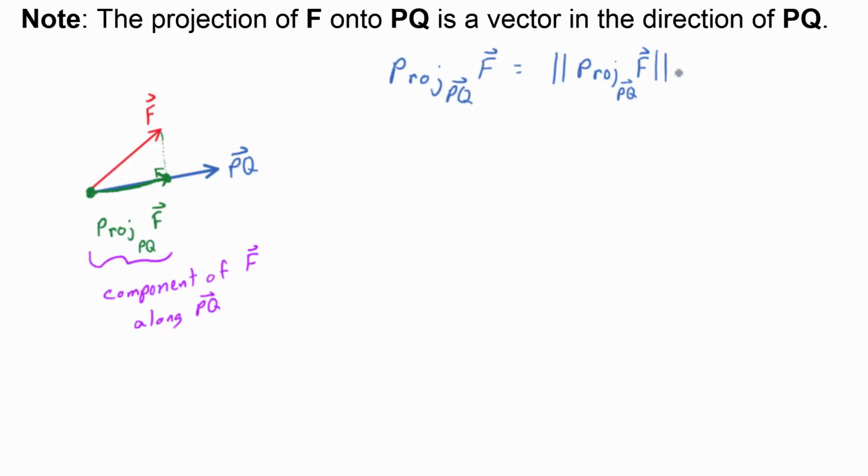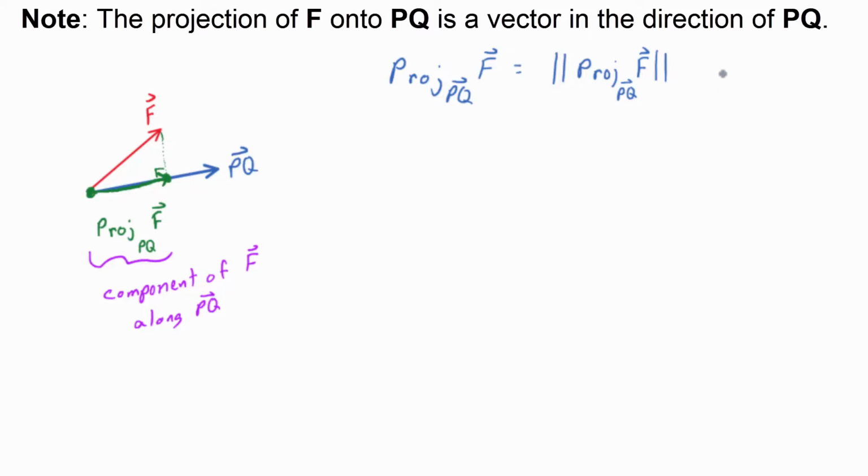Remember that trick? If we could find the unit vector that points in the same direction as PQ and multiply it times the length of the projection of F onto PQ, then we have our vector form of it.